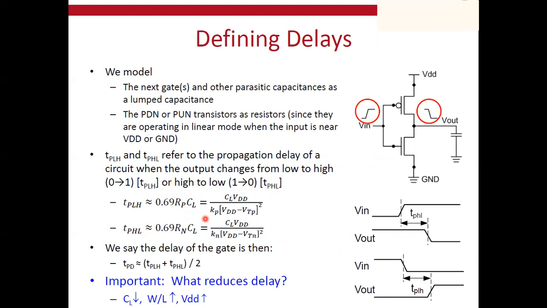So these are very considerable parameters in the evaluation of the propagation delay. We already discussed in the previous lecture that the capacitance value is a function of the W/L ratio, and this is simply considered from this equation.